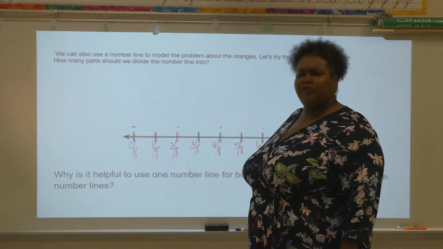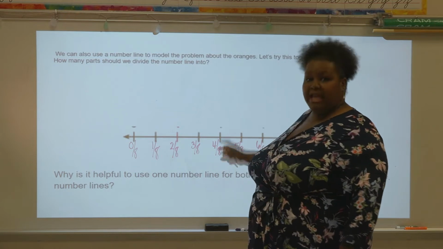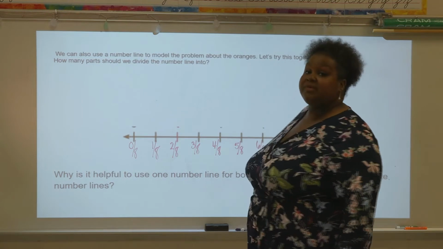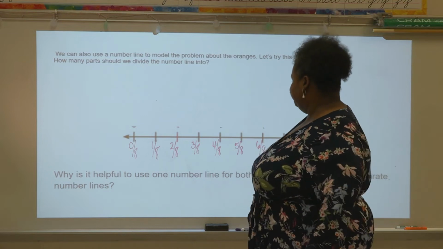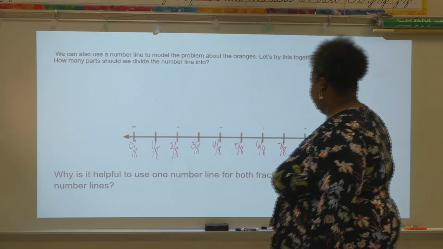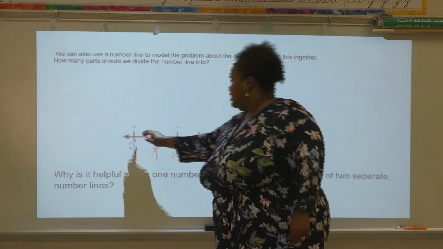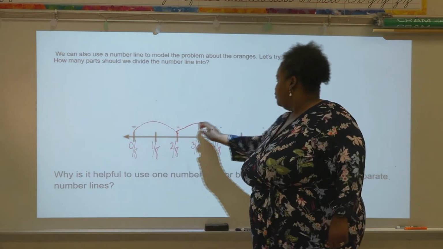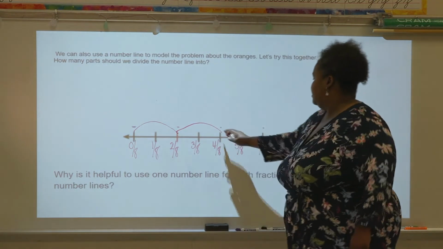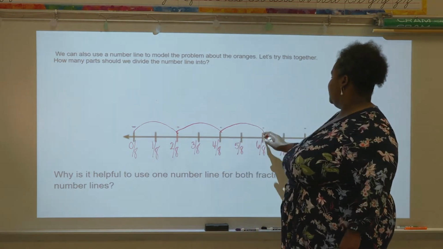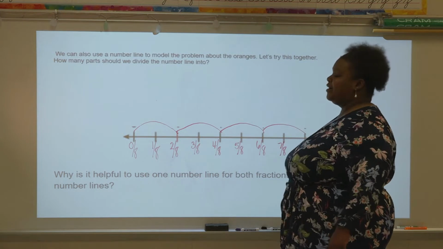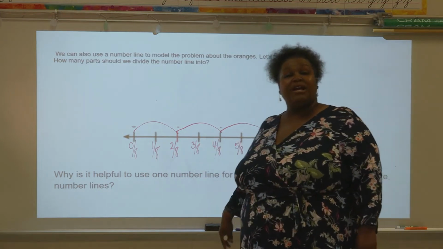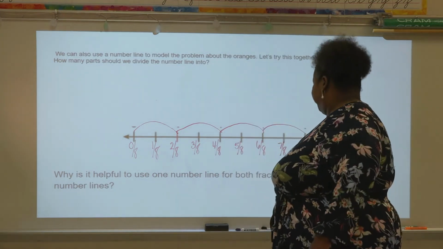Now let's do the 4s. So I need 4 equal pieces. Let's see if I can use the same number line. Let's see, what if I do this? 1, 2, 3, 4. I have 4 equal pieces now.